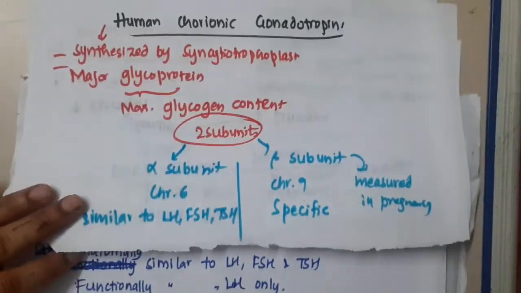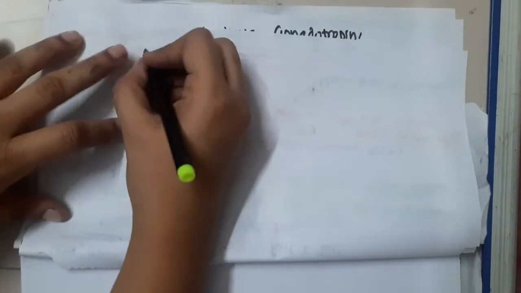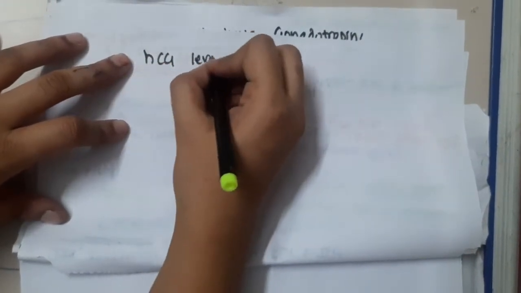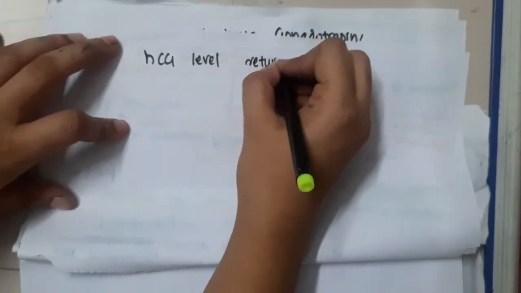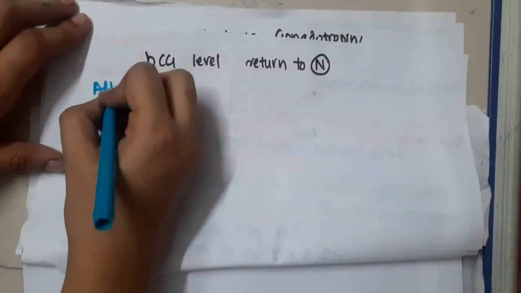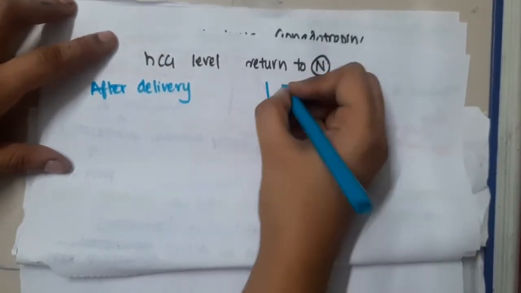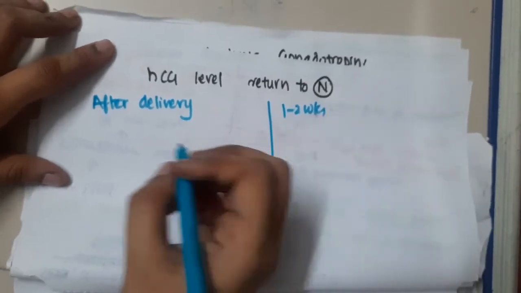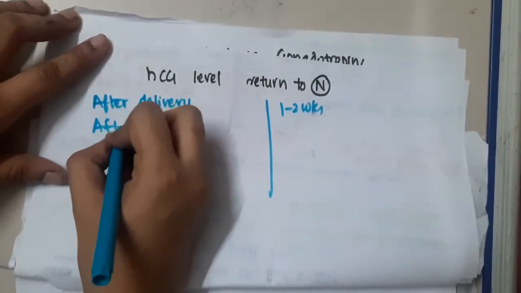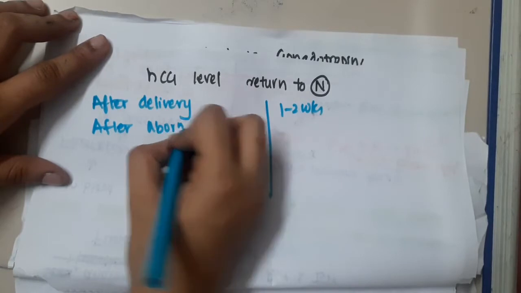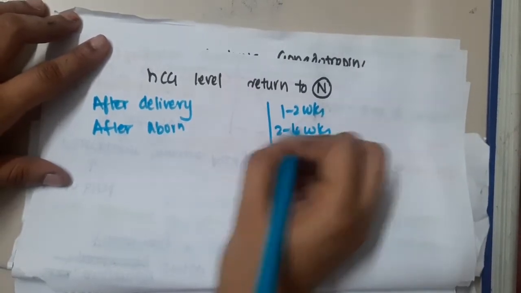Now, when does HCG level return to normal? After delivery, it takes around 1 to 2 weeks for HCG levels to return to normal, and after abortion, it takes around 2 to 4 weeks.